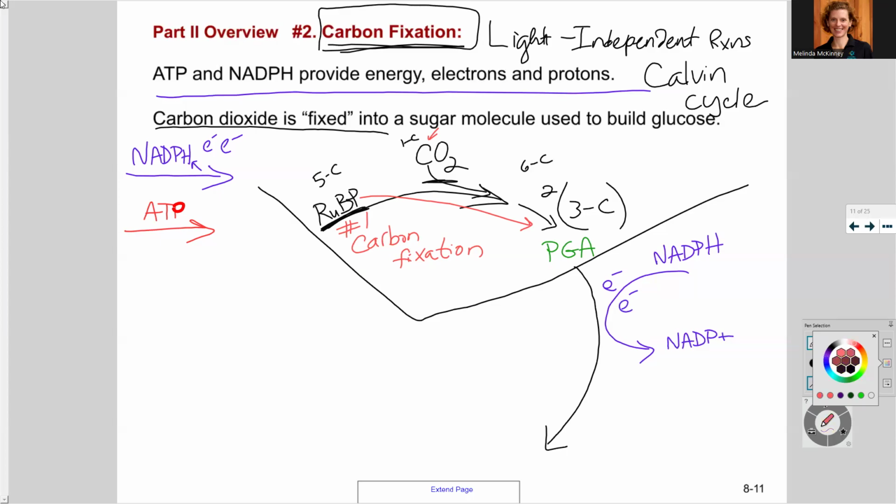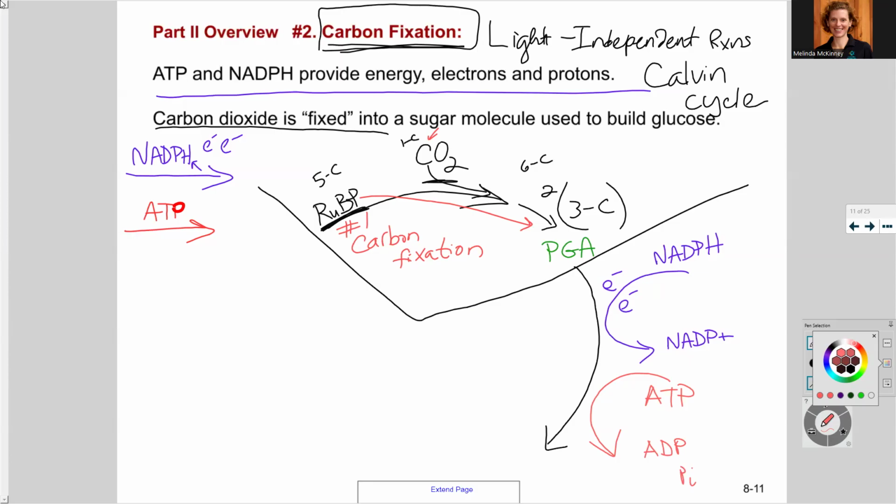ATP, which again, these were brought in from the first part of the reaction, the light-dependent reactions, is going to drop off a lot of energy, and it's going to end up producing ADP and Pi, and then those will be regenerated ultimately to make more ATP.